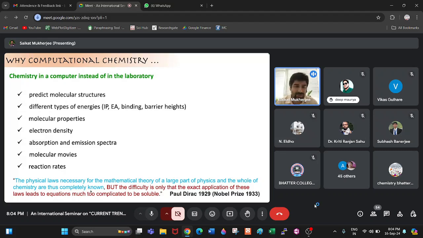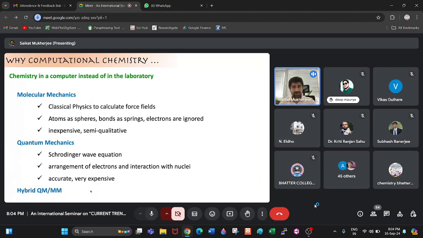Talking about the approximations, more or less, computational chemistry works on three main pillars. One is molecular mechanics. Molecular mechanics is simple classical physics, right? By classical physics, you calculate force fields. What does it mean? You simulate your atoms as spheres and bonds as springs, and you can ignore the electrons.